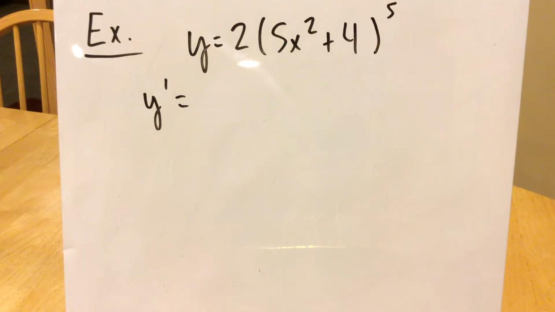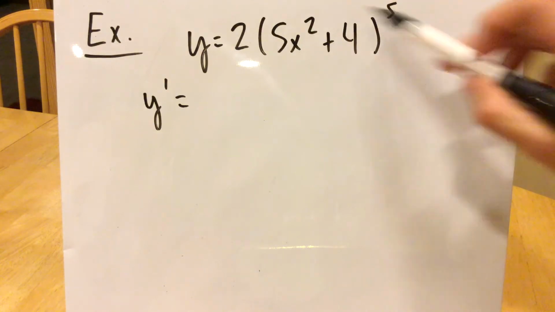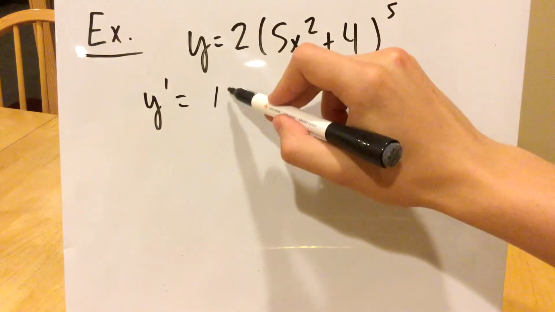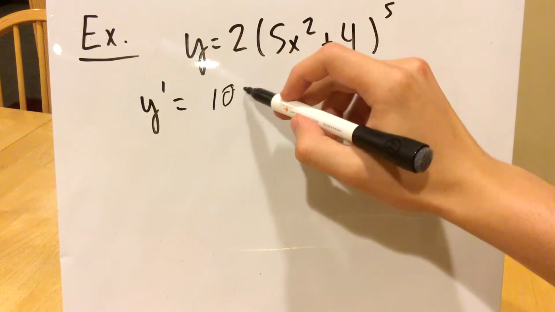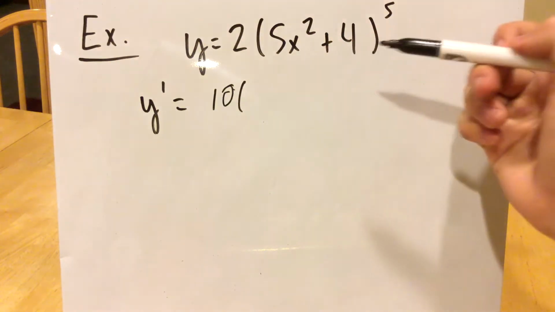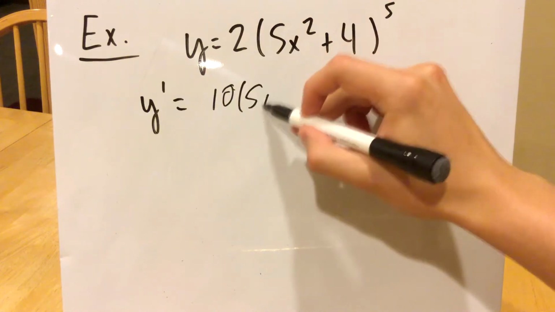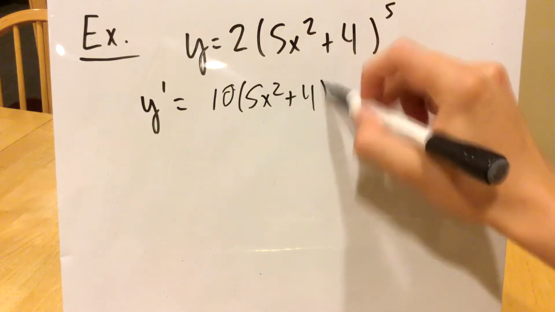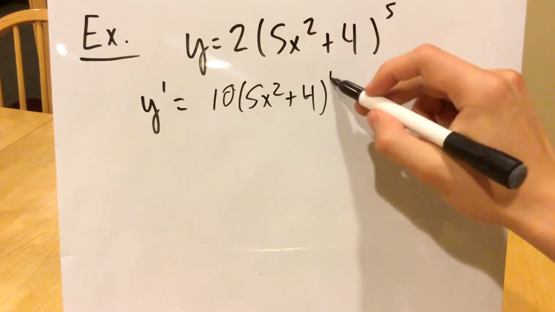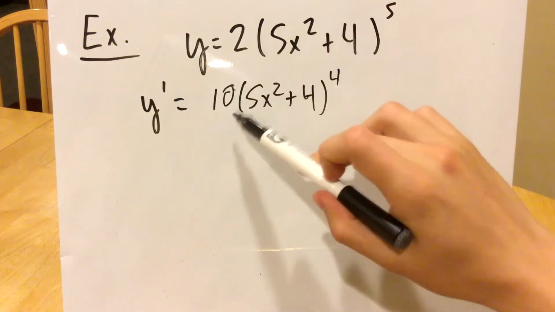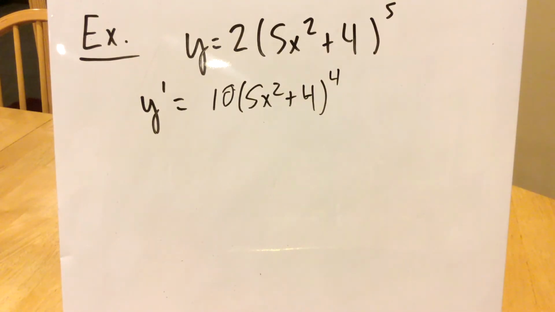Let's take the derivative of the outside first. 5 times 2 is equal to 10. Basically this 5x squared plus 4 acts as an x, so we bring it back down, 5x squared plus 4, and the 5 goes down one number, to 4. So we just took the derivative of the outside.